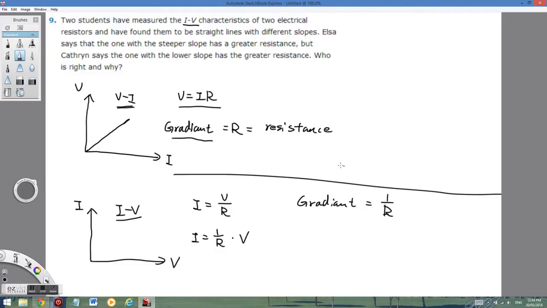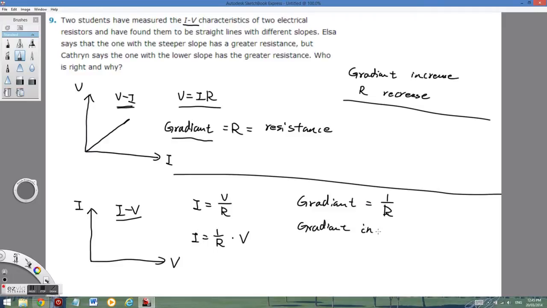On the above situation, the gradient increases, so the resistance increases. Underneath, the gradient increases, and the resistance decreases.